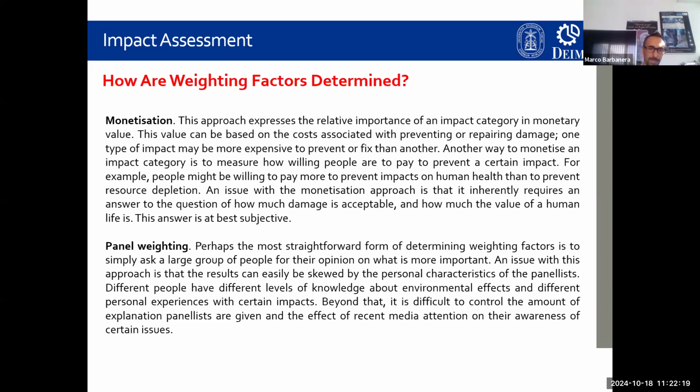But the idea is to define the weighted factors by considering the experience of different groups of people with specific knowledge in specific environmental impacts, in specific environmental fields.